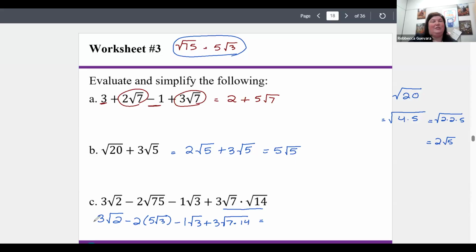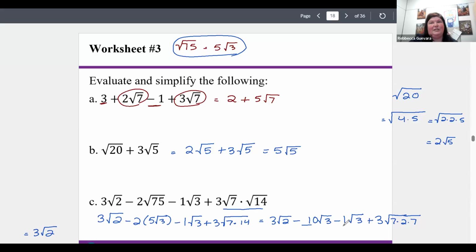So if we go back here, simplify a little bit more, we have 3 square root of 2. This 2 and this 5 can multiply together. So then we just have 10 square root of 3 minus 1 square root of 3. And then here we have plus 3 square root of 7 times 14. So 14 is just 2 times 7. So we have a 3 square root of 2.